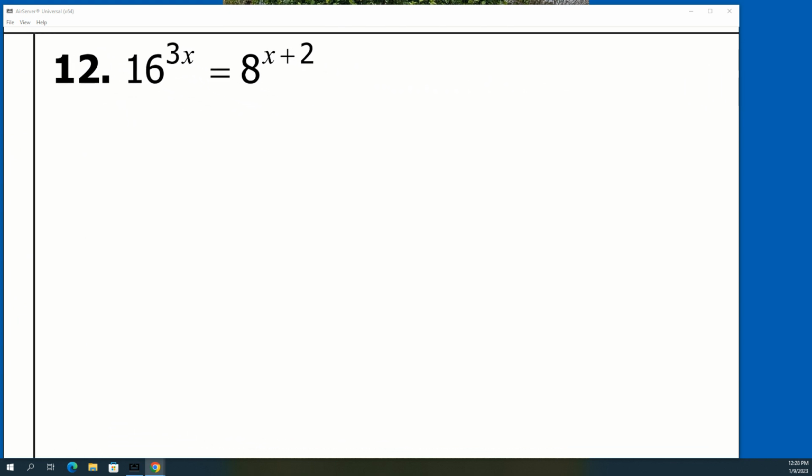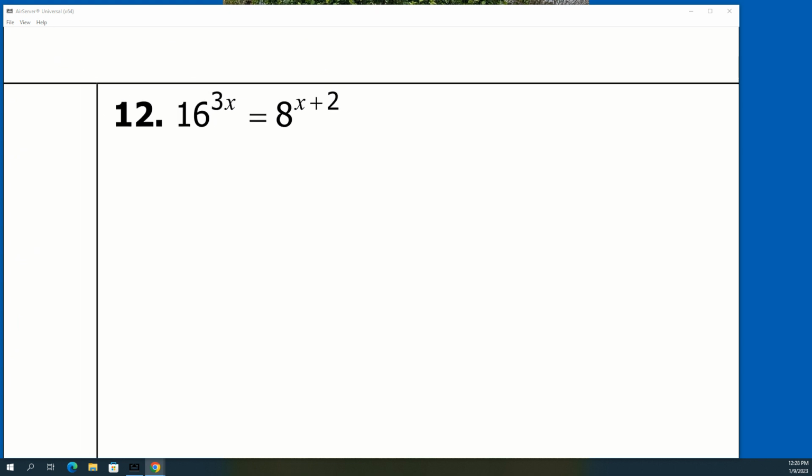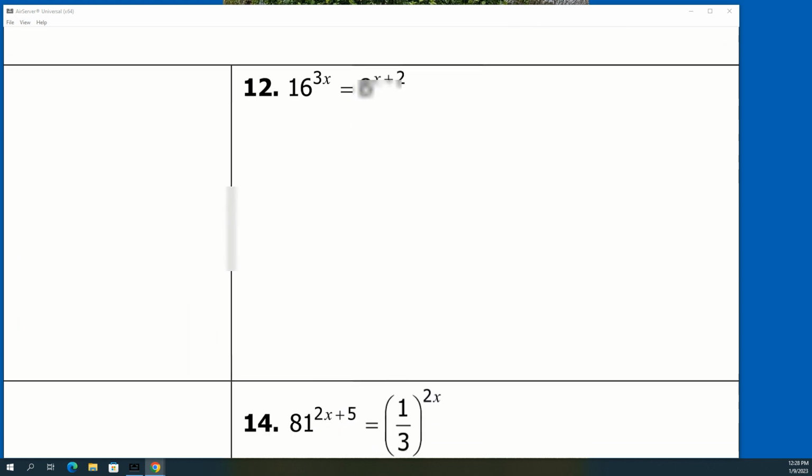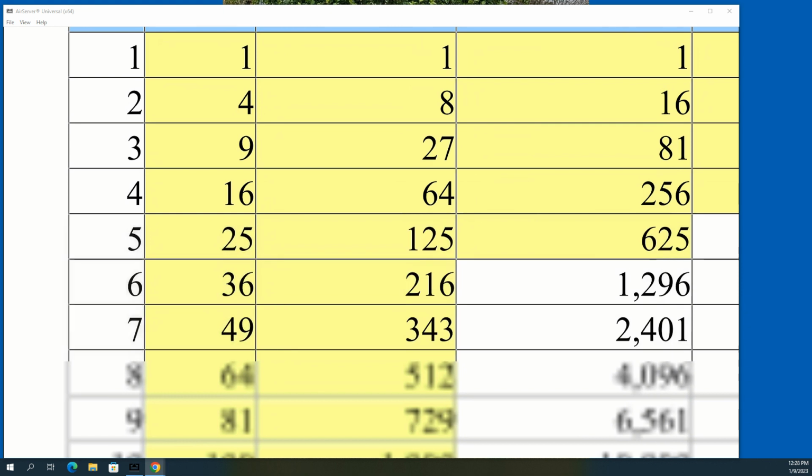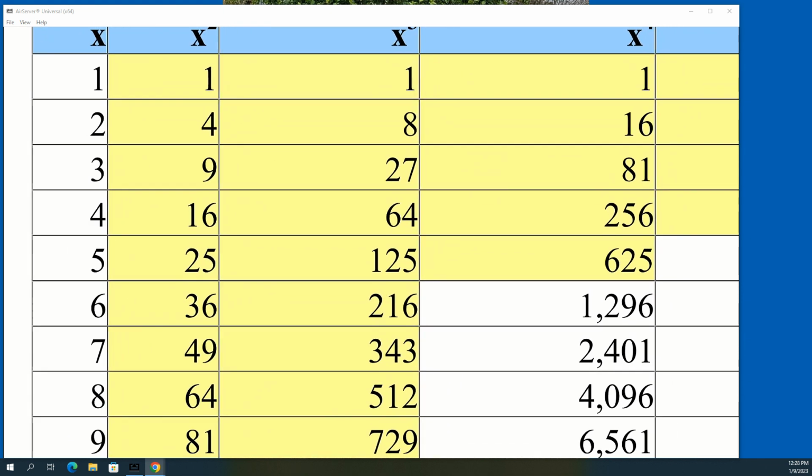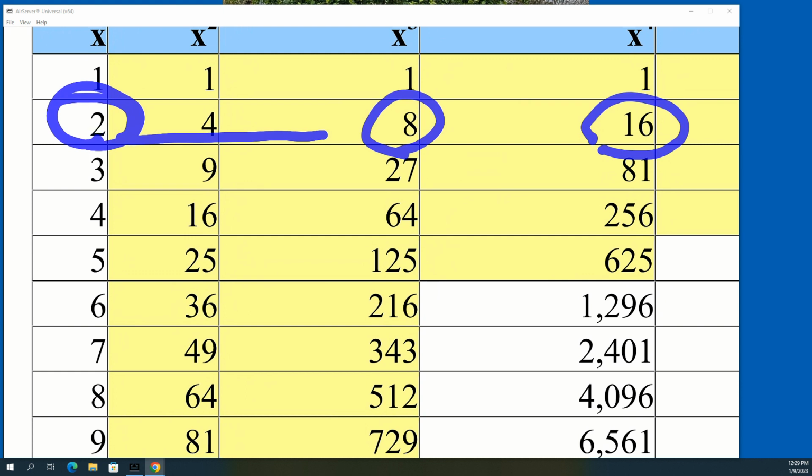For number 12, we have a 16 and we have an 8 that we want to write with the same base. So I'm going to scroll. I wish I had a little bit different order. Okay, so we're looking for 16 and 8 in the same row. When I look, I can see 16 and 8 are here, which means the base is going to be 2.